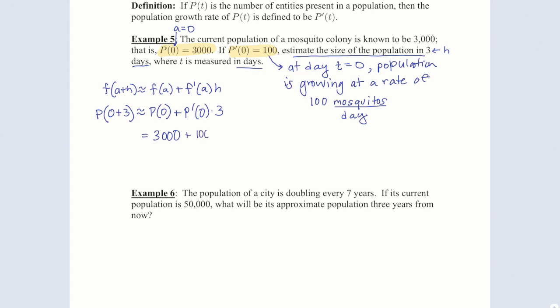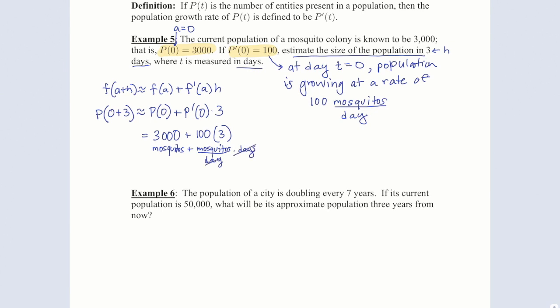So let's just think about the label here. This would be 3,000 mosquitoes, and 100 was mosquitoes per day, and 3 is days.